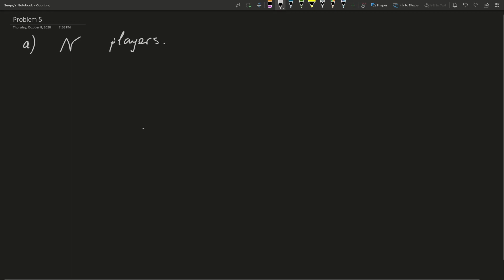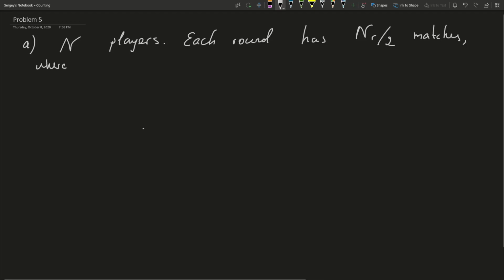So in each round, there are n sub r over 2 matches, where n sub r is the number of players in the rth round.